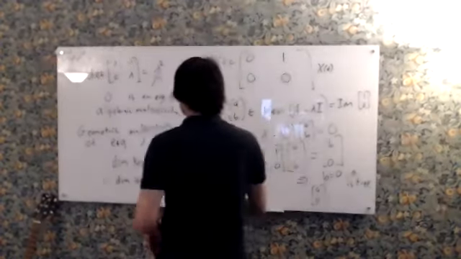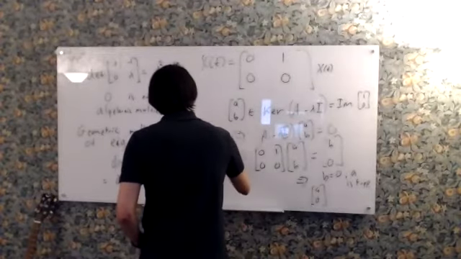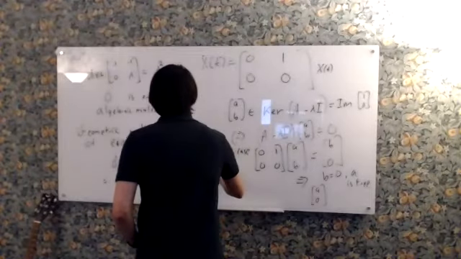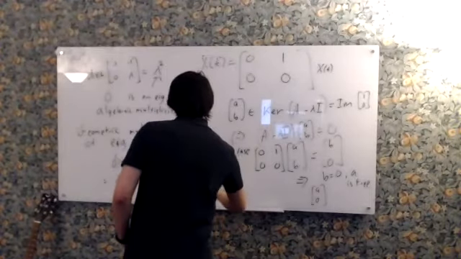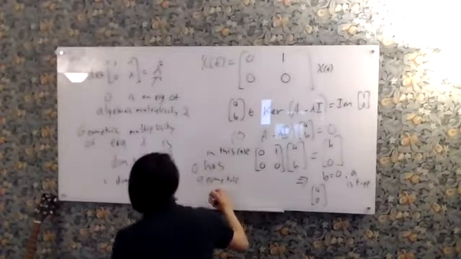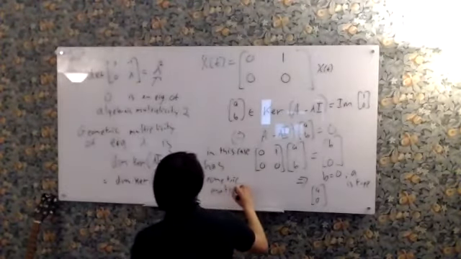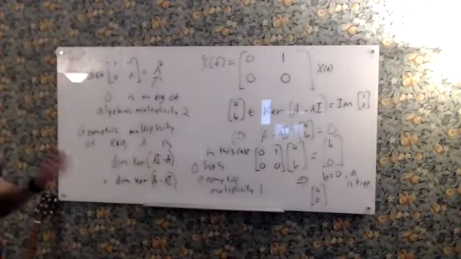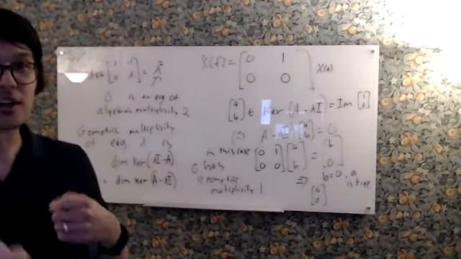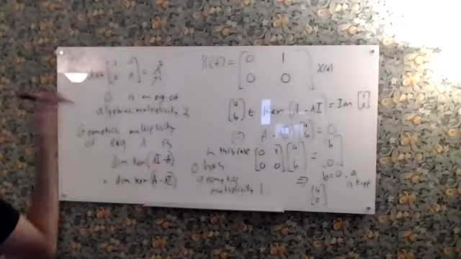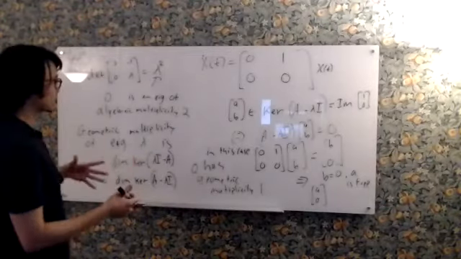So in this case, 0 has geometric multiplicity one. All right. So that is the distinction that we're going to need to deal with when thinking about the overall behavior of linear systems.